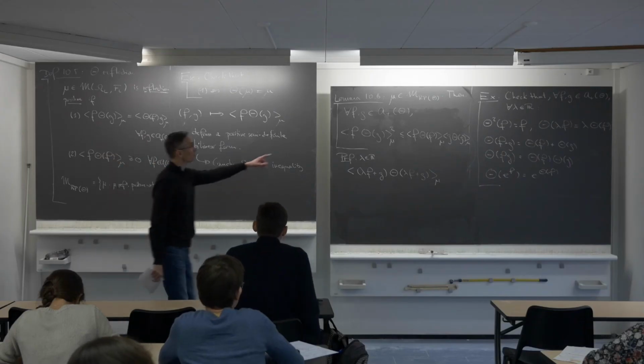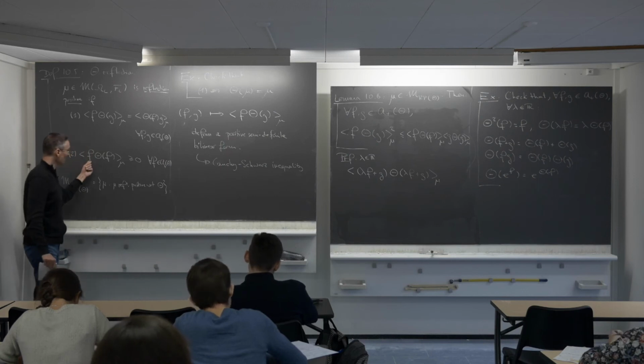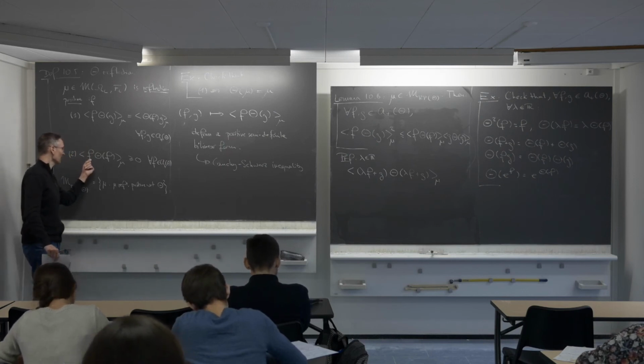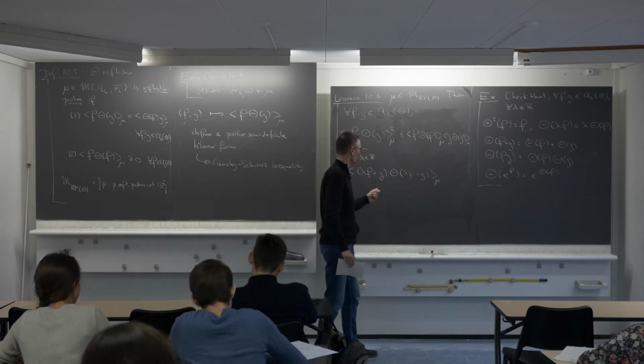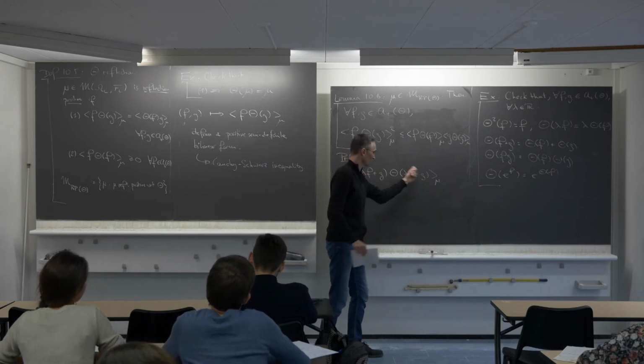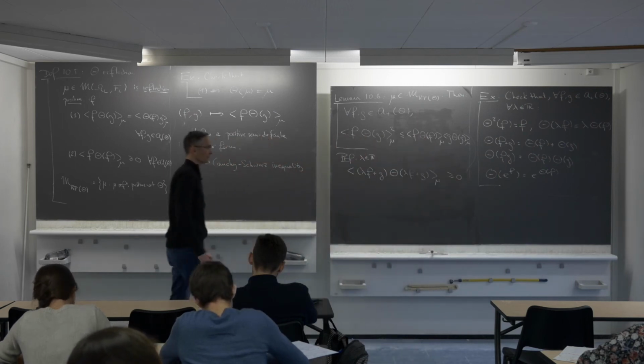Since I'm assuming mu to be reflection positive, for any function h, mu of h theta h has to be greater or equal to 0. So for this particular function h, this must be true, so this is non-negative.